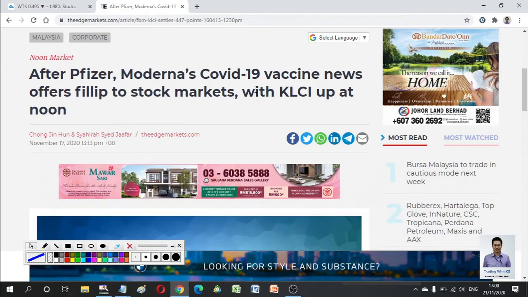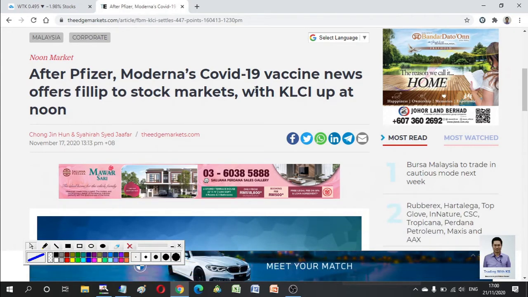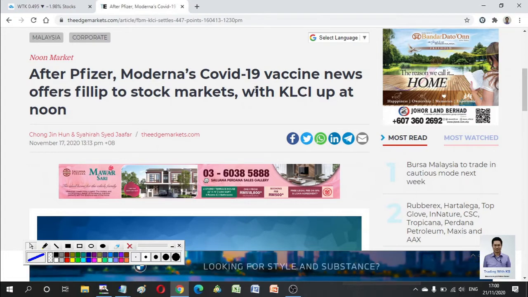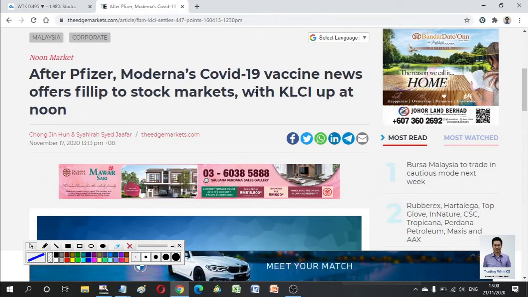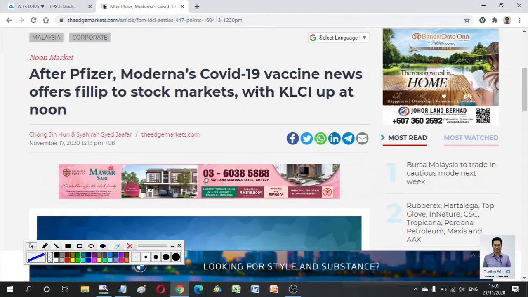Airlines are not flying, transportation is not moving. Oil and gas, nobody buys the oil, so you cannot expect the oil to go very far. Also the tourism market, Genting, and the retail market is all affected, Aeon, all these are affected.